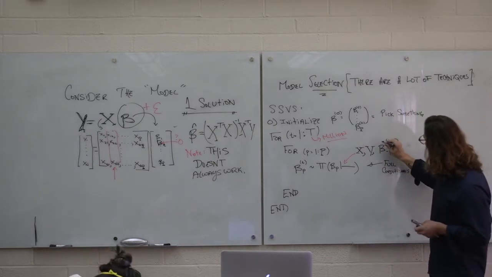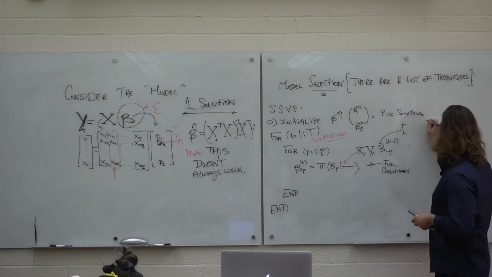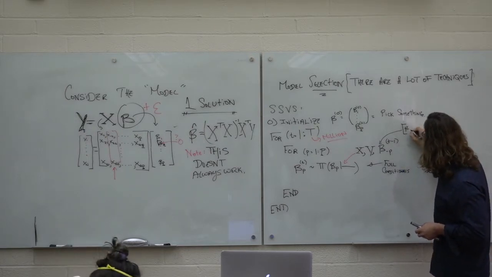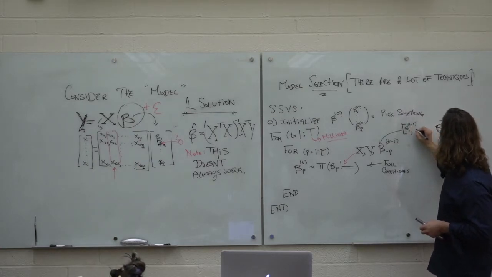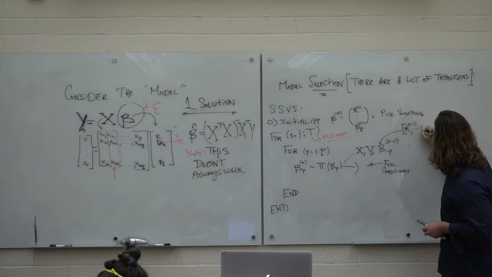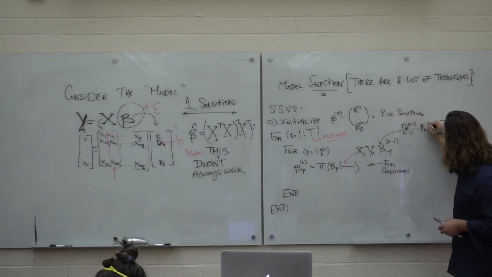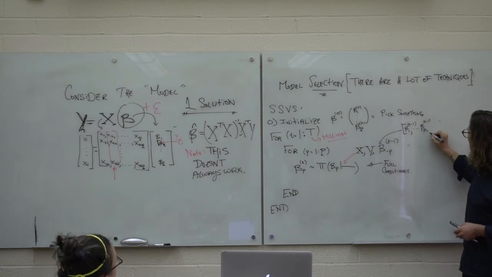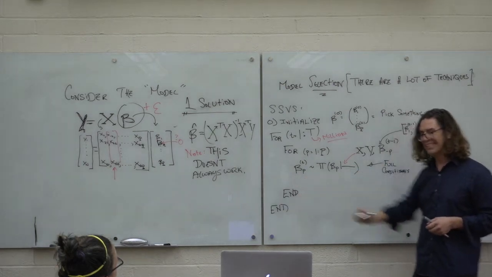And so this right here, beta minus P, is just this vector. It's going to be beta 1, T minus 1, all the way up to beta P minus 1, T minus 1. We're going to skip over P, so I'm removing it from the set because that's what I'm sampling.